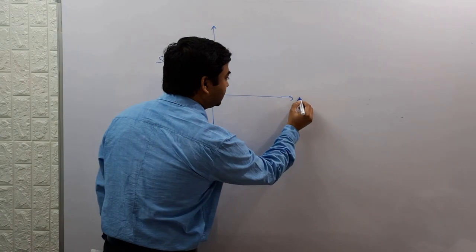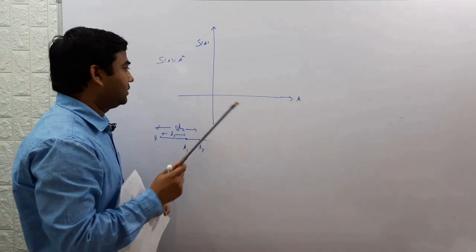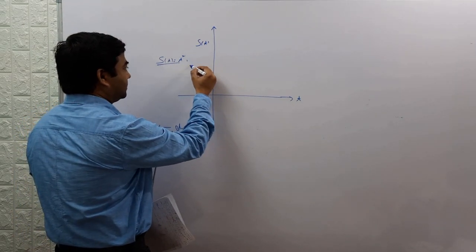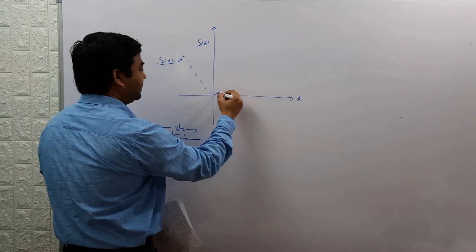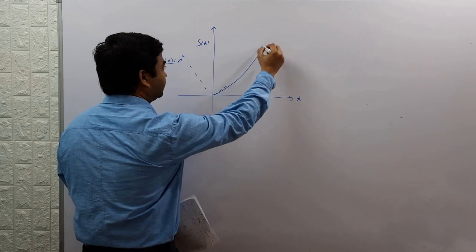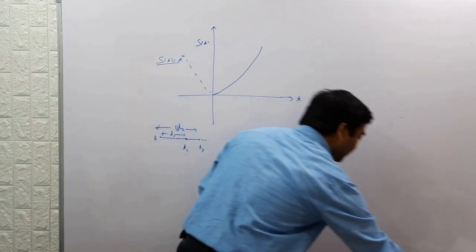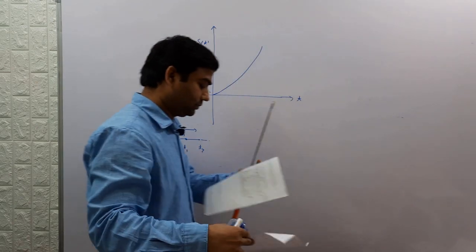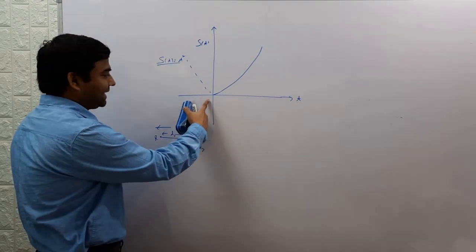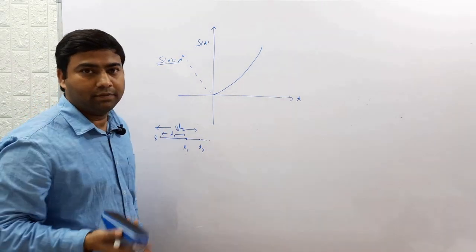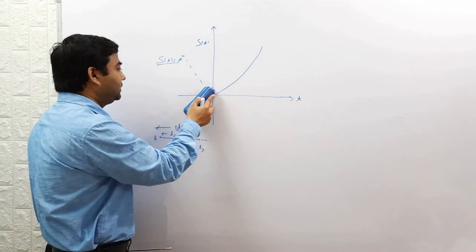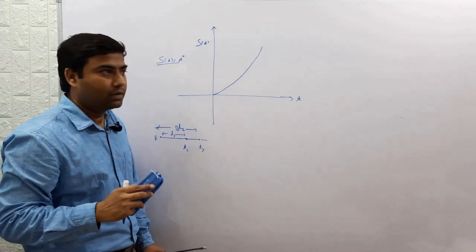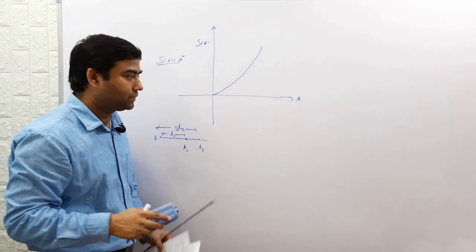So let us just draw this function. This is a simple parabolic function. As time cannot be negative in classical physics, we will eliminate this section of the curve because we are talking about real time.